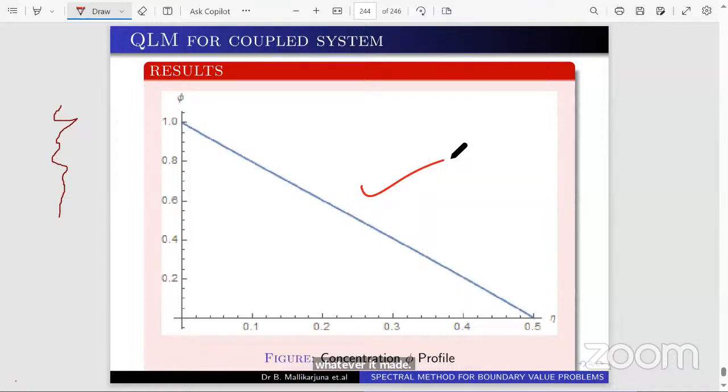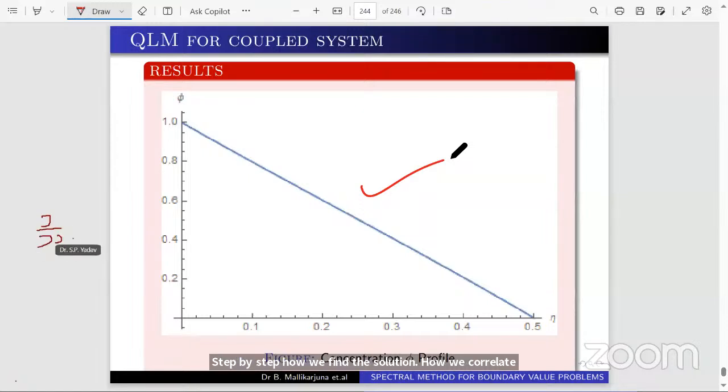Next, how we implement this for any order of differential equations. I explained with second order linear ordinary differential equations, step by step, how we find the solution, how we correlate with the exact solution, what kind of error, and how we increase the accuracy by taking different types of basis functions and different types of collocation points.